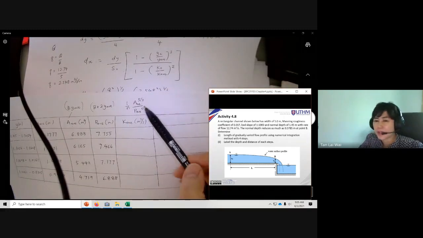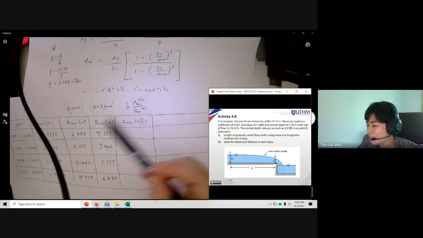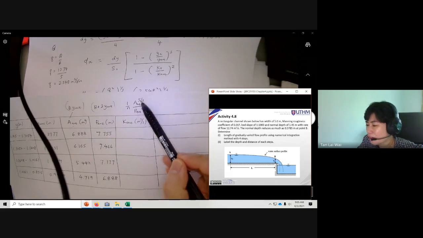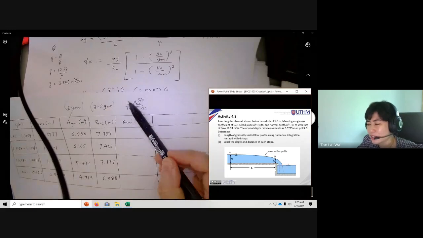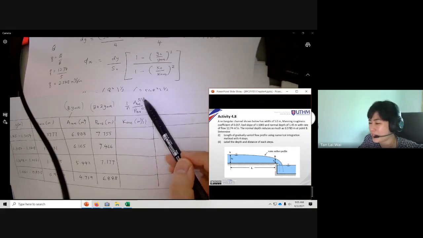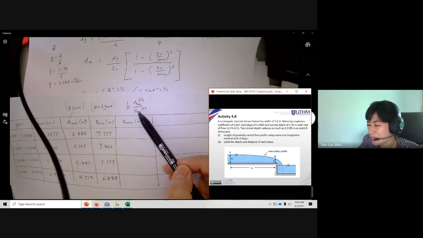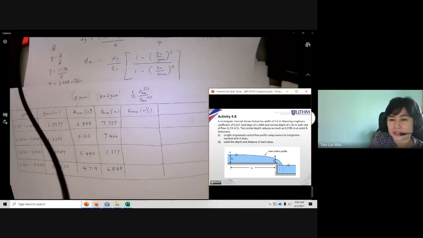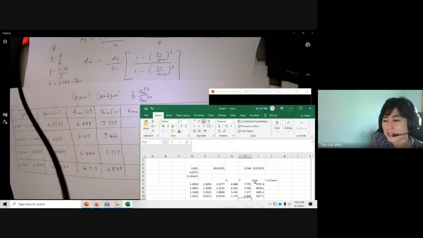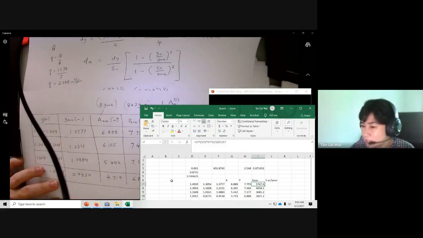What you can do normally when you key into the calculator is A average to the power of 5 over 3, divided by n, divided by P average to the power of 2/3. You can lose the 1 here. Basically I have A to the power of 5/3 divided by n P to the power of 2/3. Help me check. I'm not sure whether this is correct or not. I'm going to put the value here.